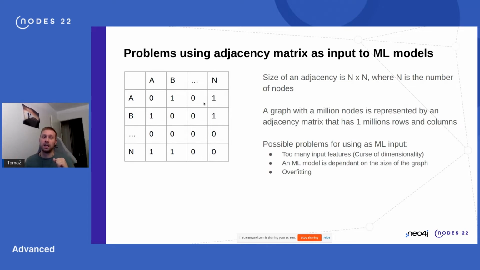Another problem: let's say you've got a graph with 1 million nodes, so 1 million columns, and now you add a single node. Now you've got a matrix with 1 million and 1 columns, so everything you did so far, like training the model on 1 million features, would no longer be relevant as soon as you add or remove one node, because the number of features is different. And there's also the possibility of overfitting the model.